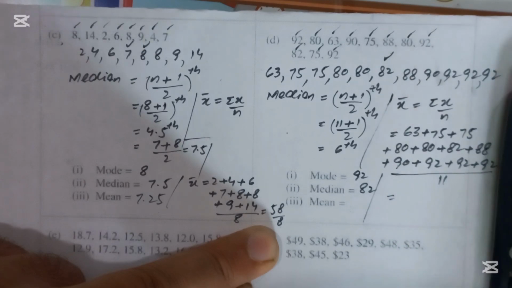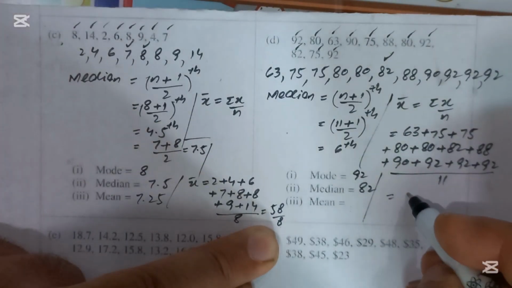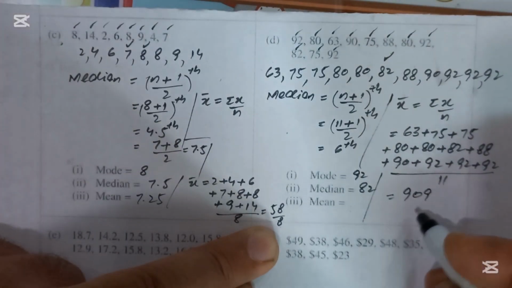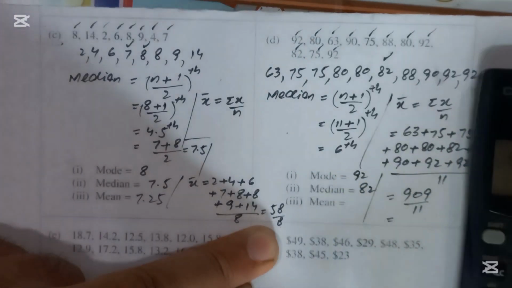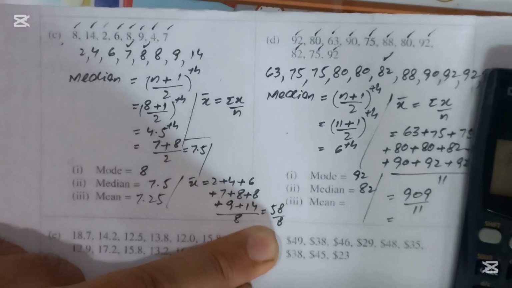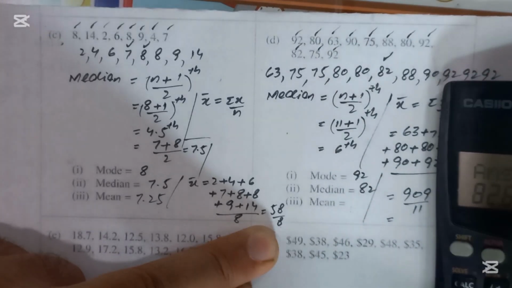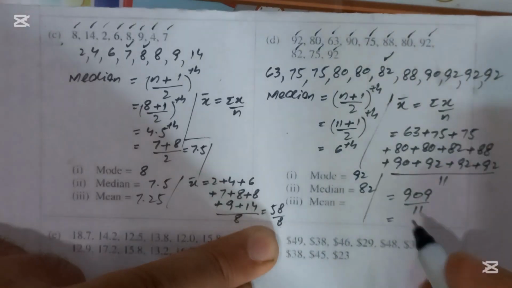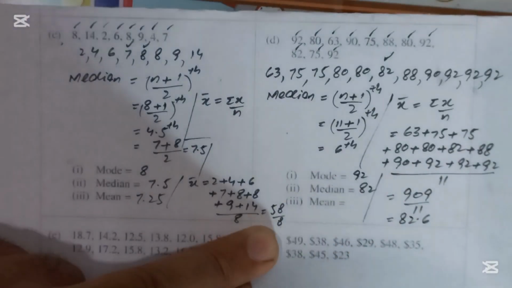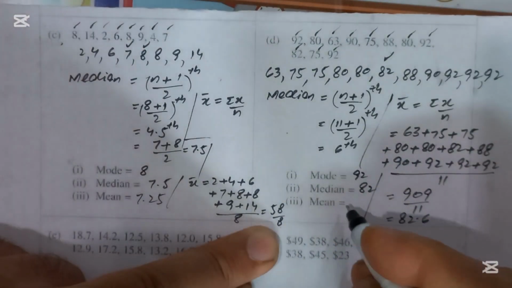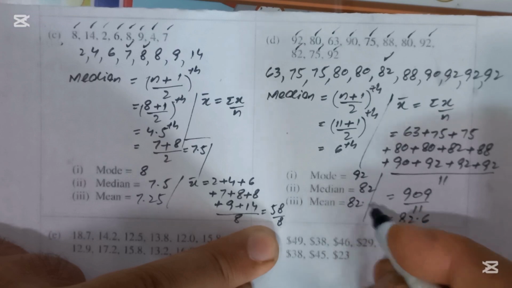So the sum is 909. This 11 will remain as it is, and finally we will solve it on the calculator, divided by 11. So the answer is 82.6. So the mean is 82.6.